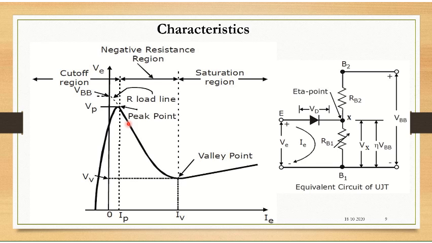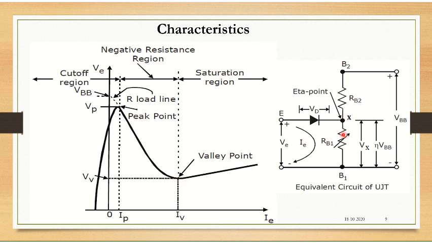Because there is no recombination taking place, the injection of more charge carriers causes this resistance to reduce. So there is a negative resistance region.